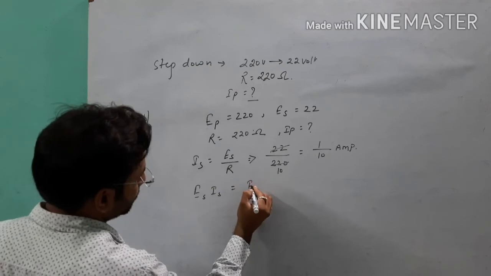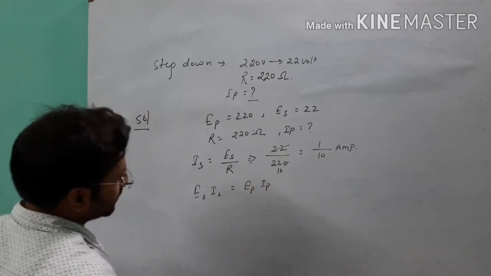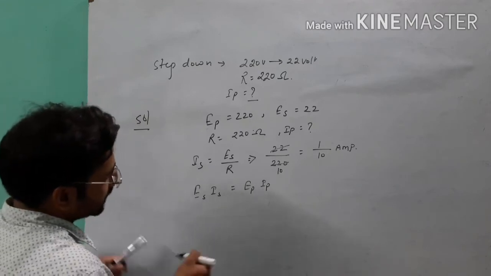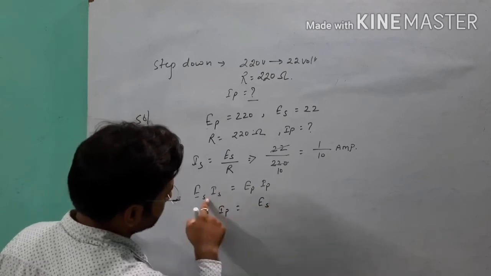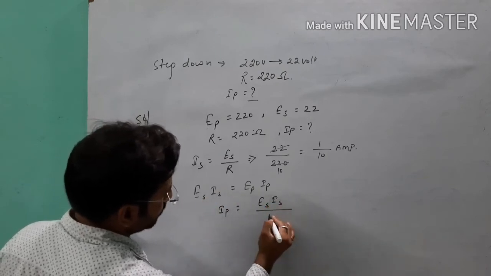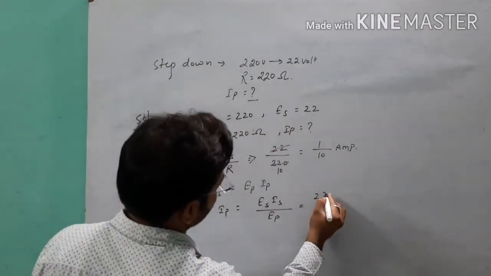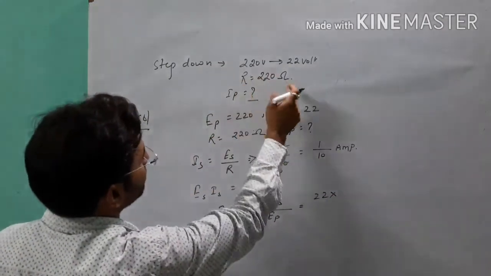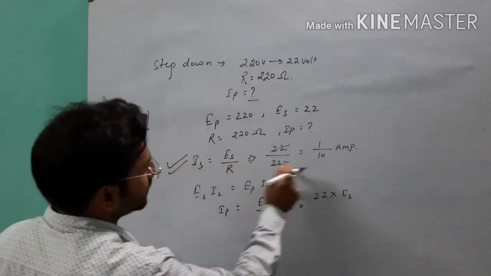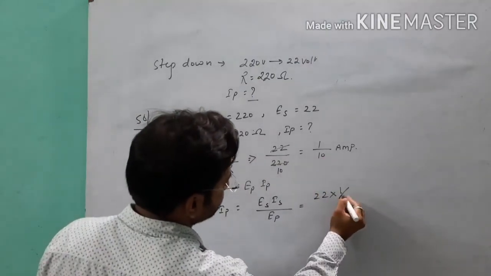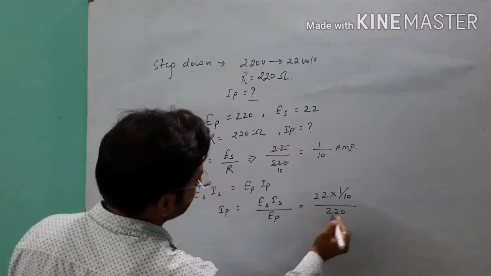And we know that there is no loss of power. Ep into Ip, with the help of this relation we can easily find the value of Ip, which is equal to Es into Is over Ep. So Es we have given 22, into Is, which we have from here, 1 over 10, and the value of Ep is 220.